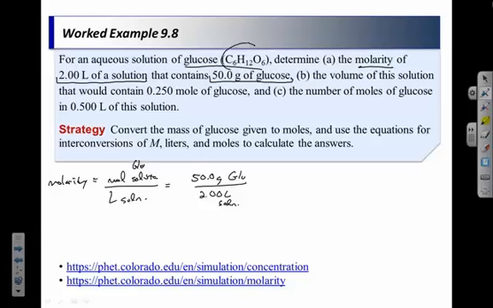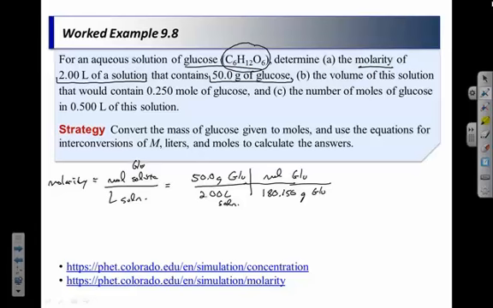So I would add up 6 carbons, 12 hydrogens, 6 oxygens to get the molar mass. 12.01 times 6 plus 12 times 1.008 plus 6 times 16, and I get 180.156 grams of glucose per mole of glucose.